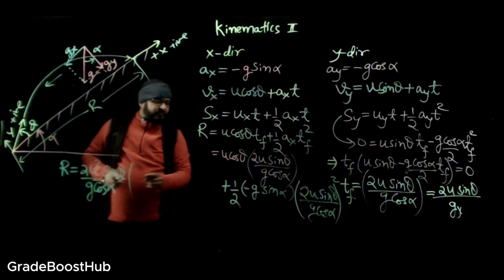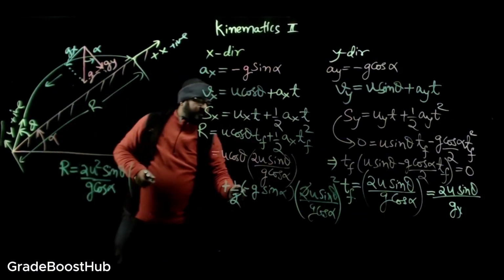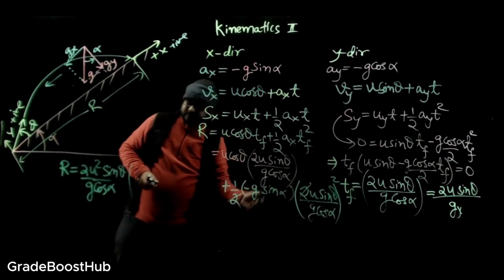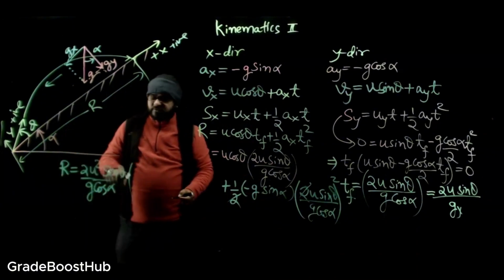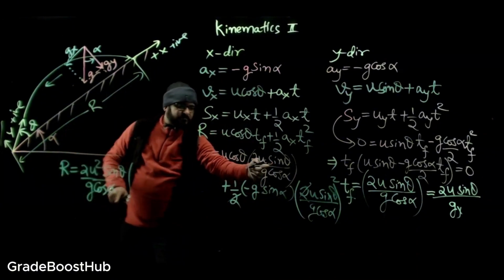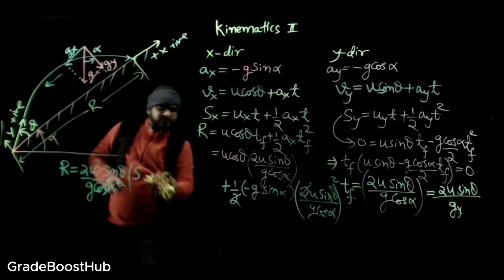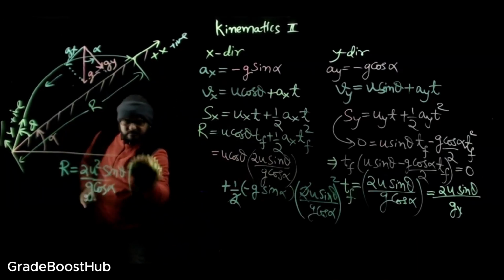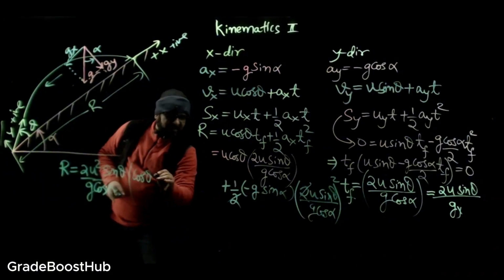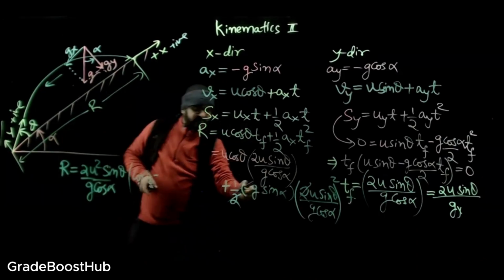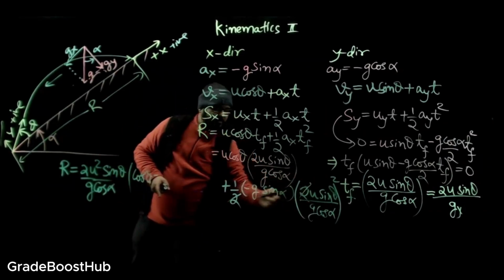Now this 2 goes away, and one g goes away as common. We can't cancel the rest: 2u square by g cos alpha. So here there is only cos theta, and minus, then g we have sine alpha; this g is gone because here was g square.